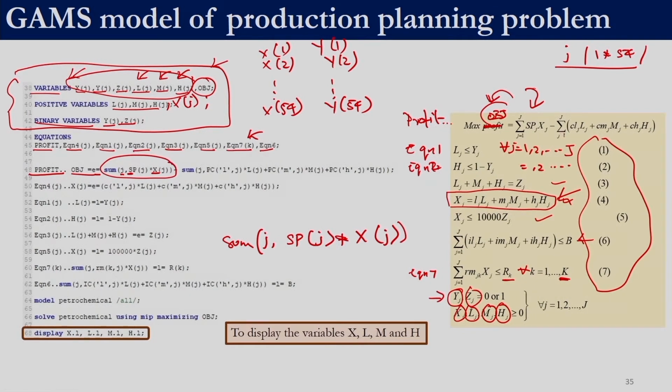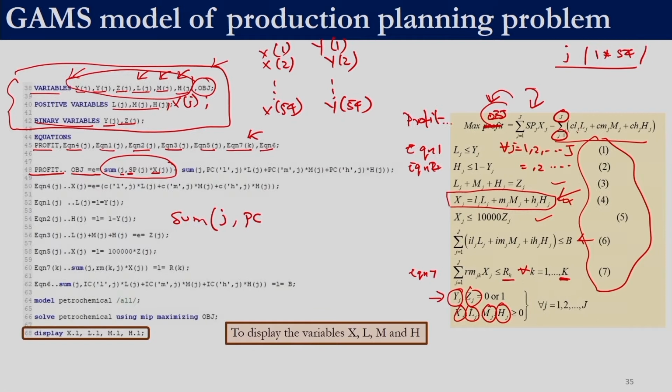Then we have this second term which we need to write. So, for that we need to sum over the index j, right. Sum over the index j, the production cost is indicated by PC over here, right.